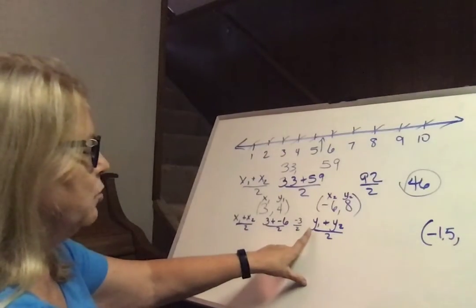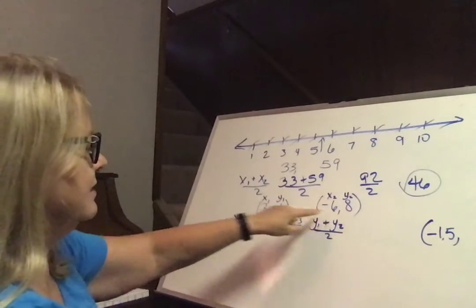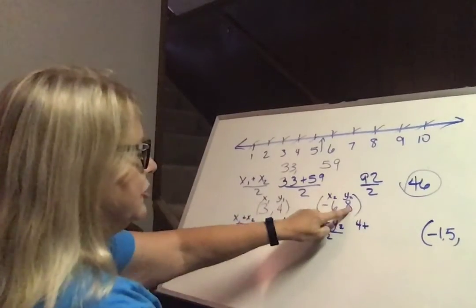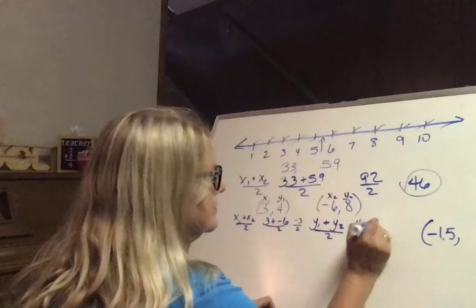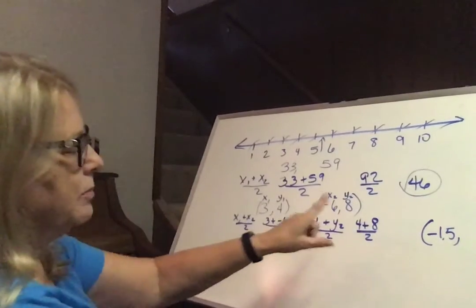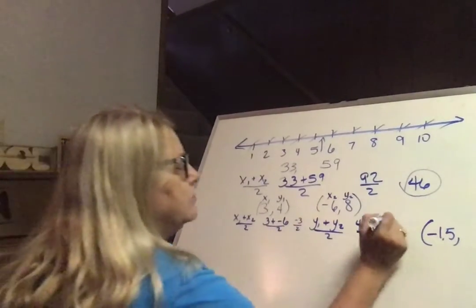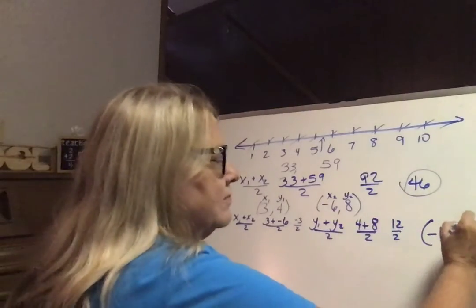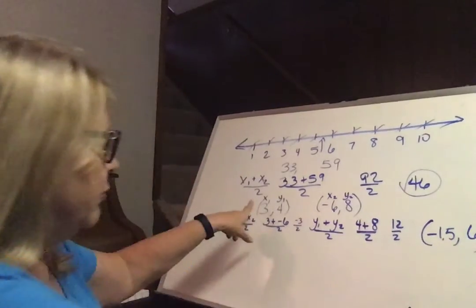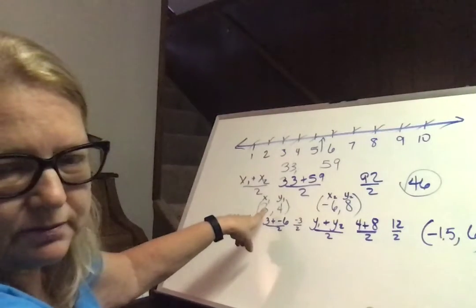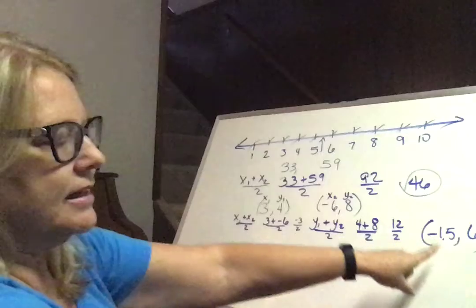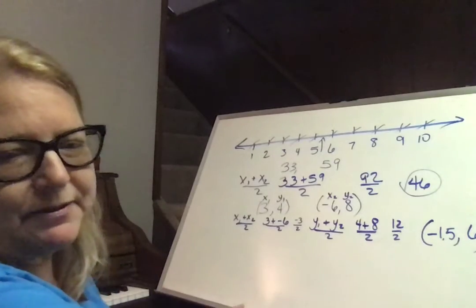Now the first y, 4, and the second y, 8. 4 plus 8 is 12, and 12 divided by 2 is 6. Halfway between (3, 4) and (-6, 8) is (-1.5, 6).